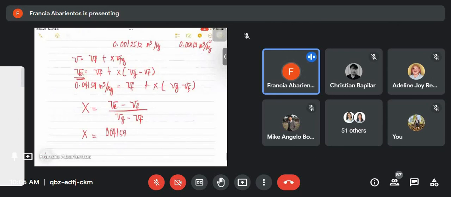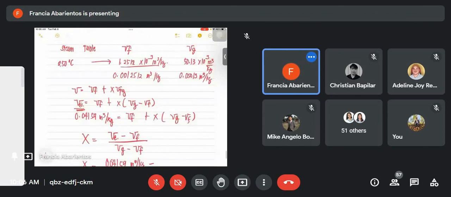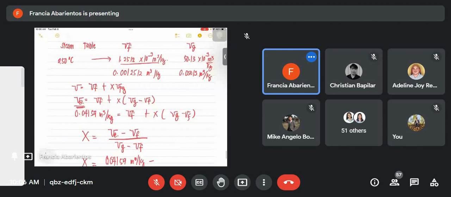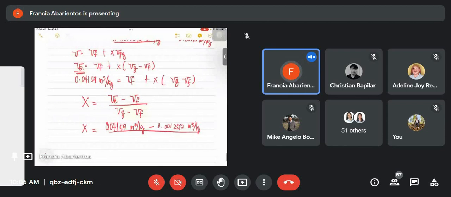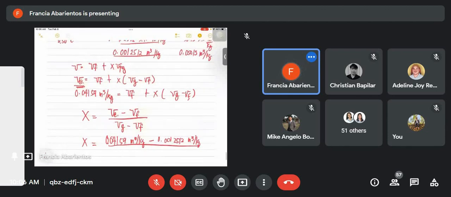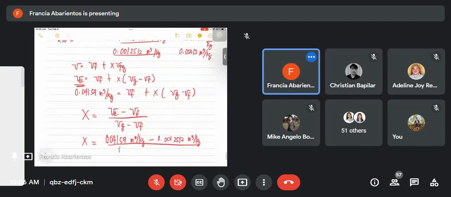So when you compute, class, include the units. We will use vf and vg, 0.05013 cubic meter, minus the same. So, compute for the quality.